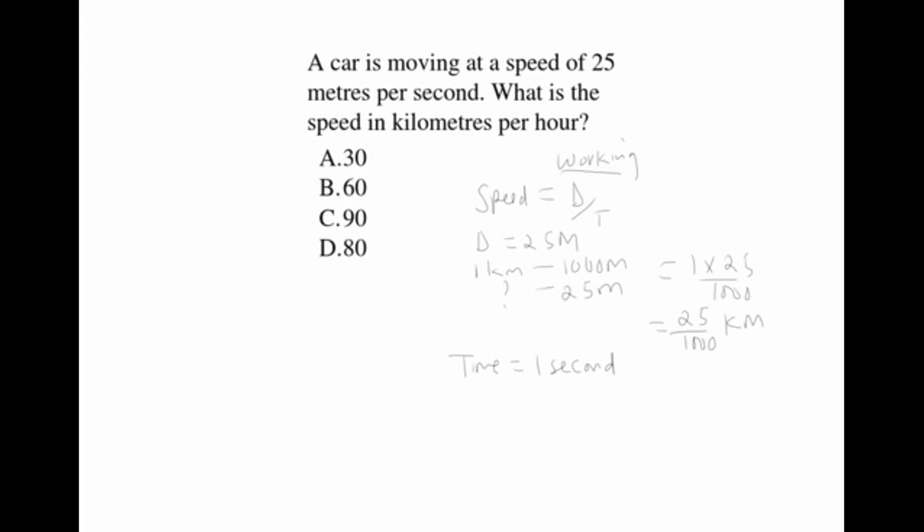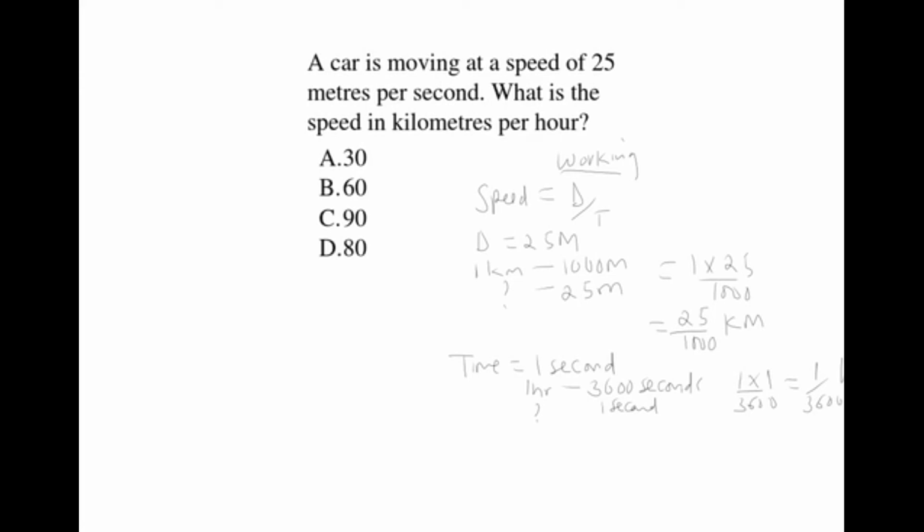We know that 1 hour is equivalent to 3600 seconds, which is 60 times 60. So 1 second will be 1 over 3600 hours.